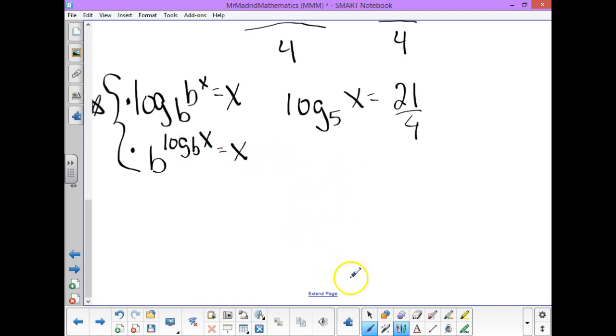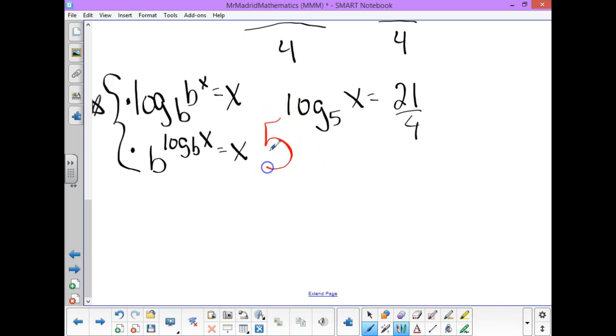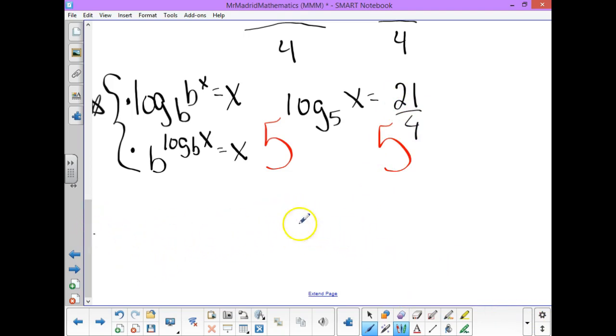So the way I'm going to apply that here is I'm going to introduce a base 5 to both sides. Notice what just happened. It's 5 to this exponent here, and 5 to this exponent here. Just to avoid any confusion, I'll rewrite it here.